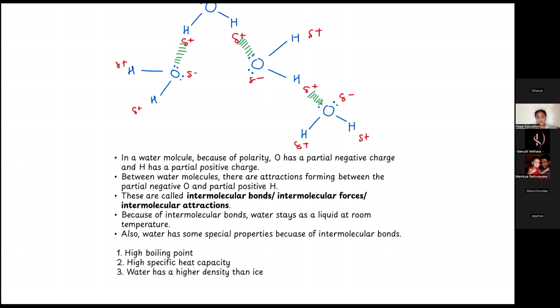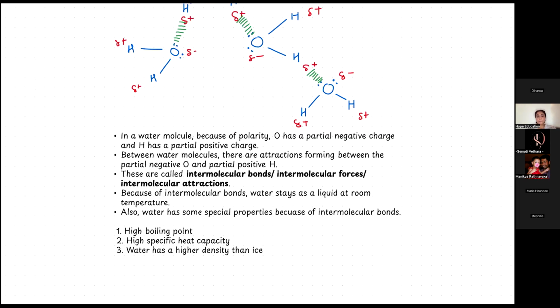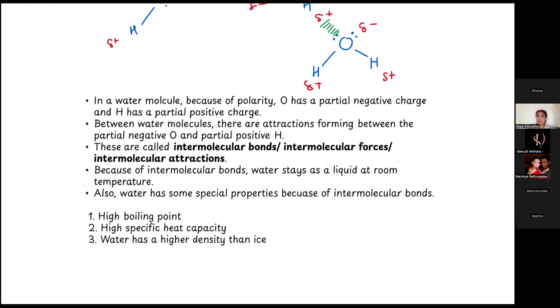So here, the last point, what it means is that I told you not everything has intermolecular bonds, right? But water has. Because of that, water has some special properties, like a high boiling point. Generally, many liquids heat up quickly and boil.